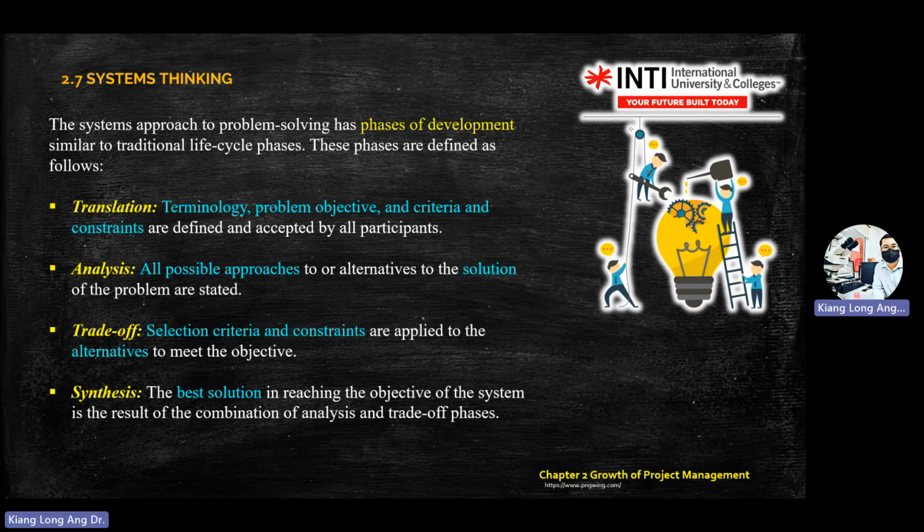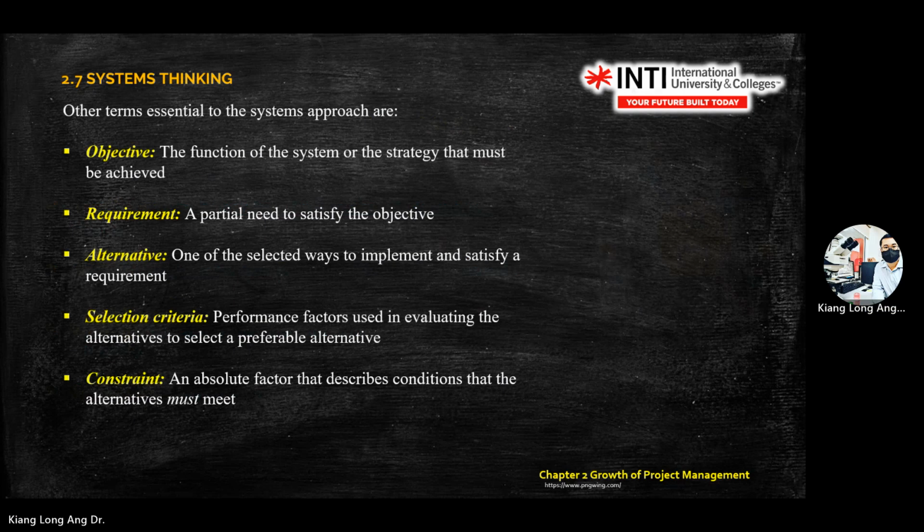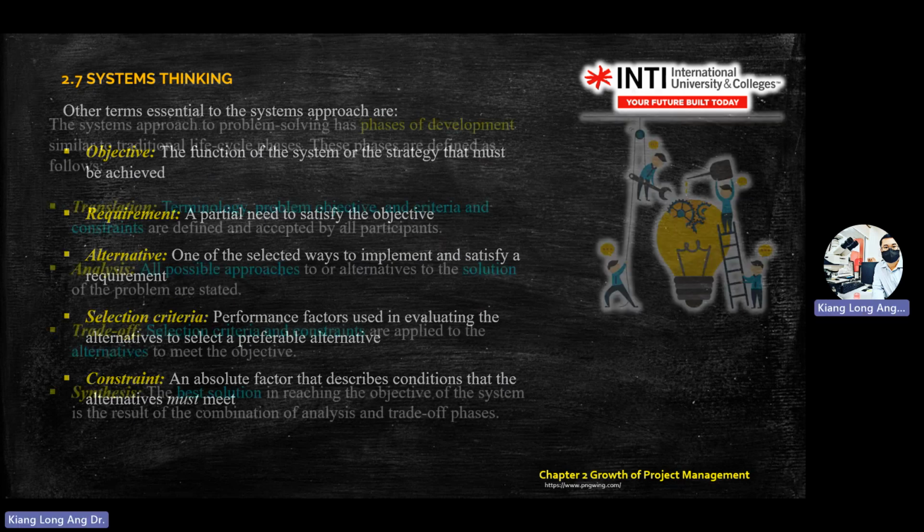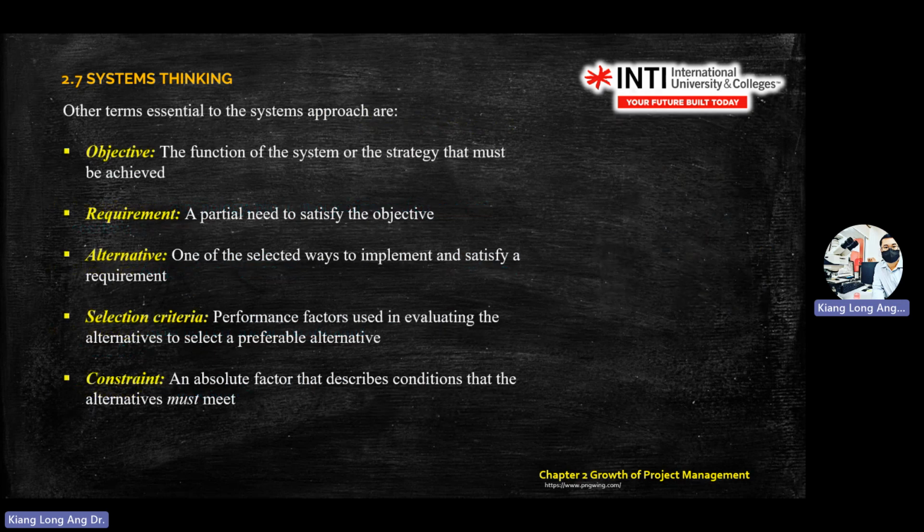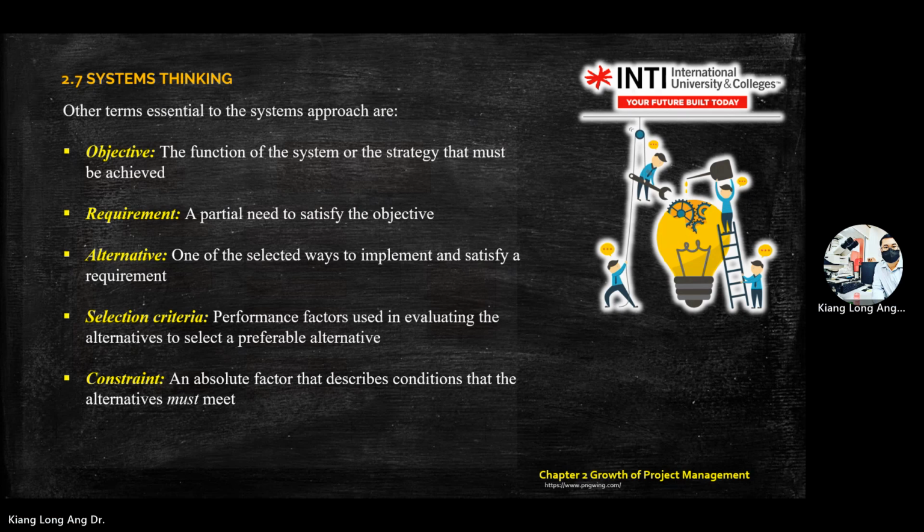Synthesis means you group all the information and then come up with the best solution. These are the terms in system thinking: objective, requirement, alternatives, selection criteria, constraint, and all this. I won't ask you this. I want to ask you this.